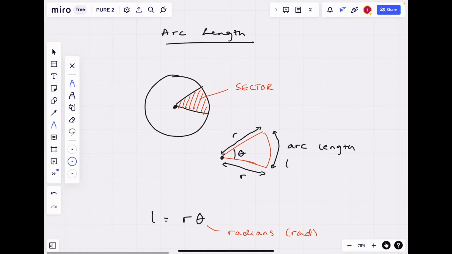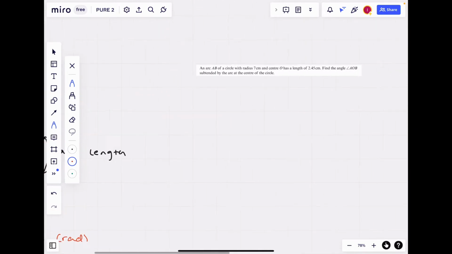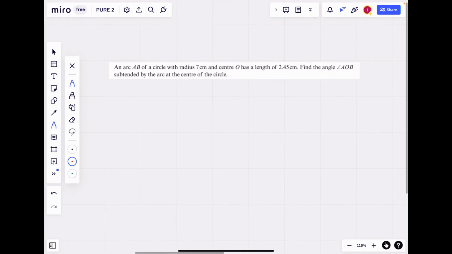That's how you know you're in radians. If that black square has D written on the inside, you're working in degrees. So just make sure that depending on the question you're doing, you adjust. But yes, that is the equation for arc length. Super straightforward.